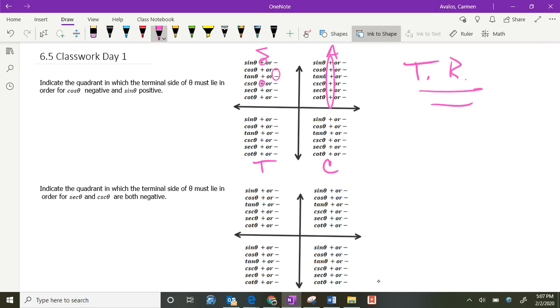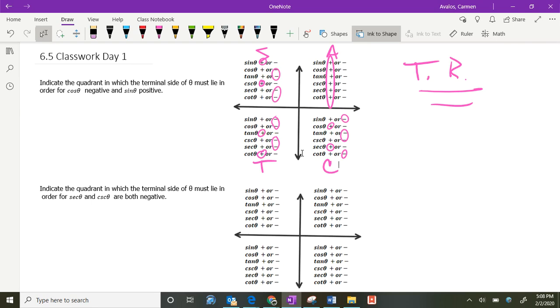Tangent is positive, and therefore its reciprocal is positive. Everything else is negative. And then CAT, cosine is positive, and therefore its reciprocal, and everything else is negative.